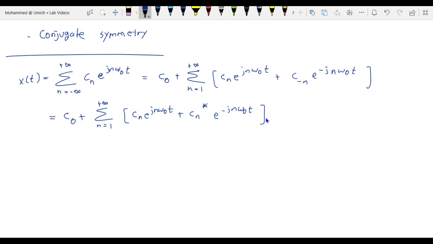Notice that these two terms inside the summation are complex conjugates of each other. So using the general identity that z plus z conjugate equals 2 times the real part of z, where z is a complex quantity, we can rewrite this as C naught plus the sum from n equals 1 to infinity of 2 times the real part of Cn e to the jn omega naught t.